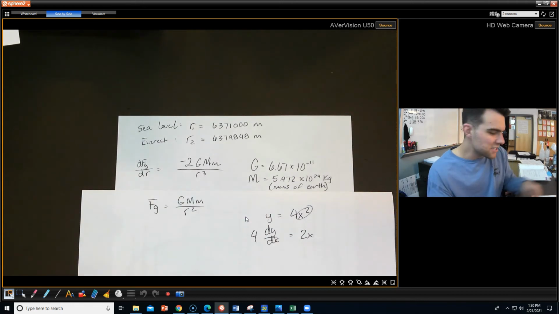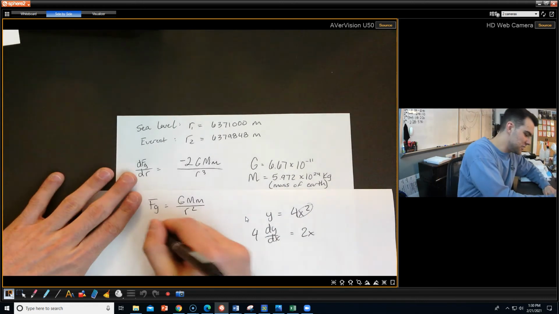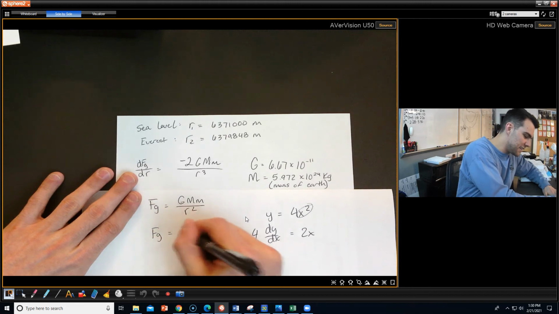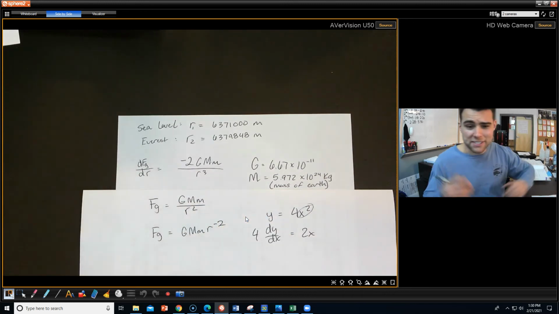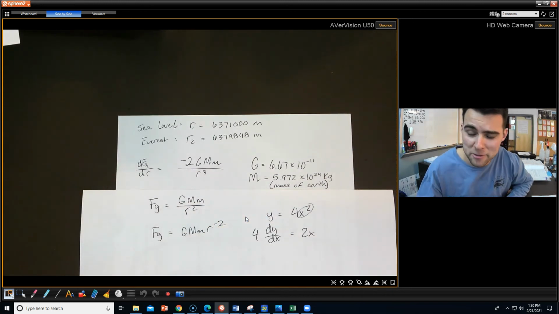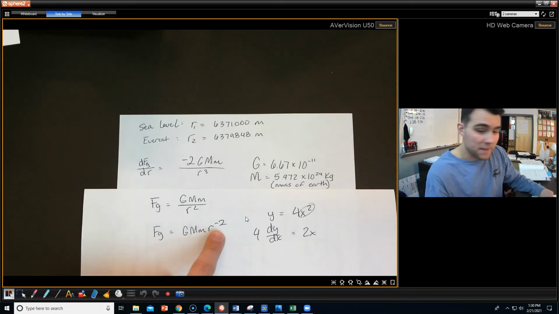So these constants, we can actually just move them to the side like this, and then we end up with r to the negative 2. And this is something we can definitely do the power rule on. So I'm just going to focus on this r to the negative 2.